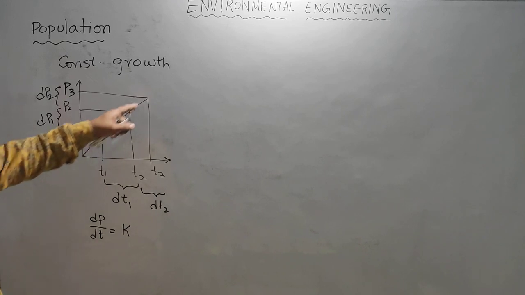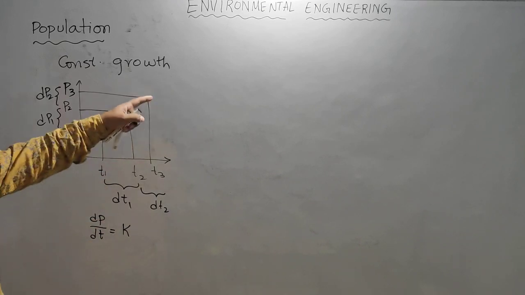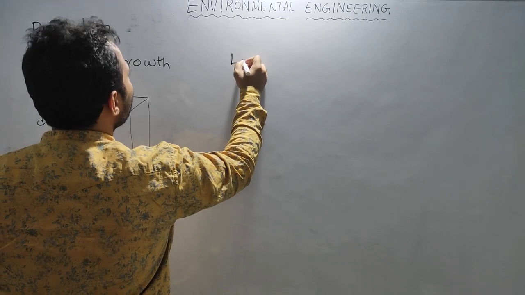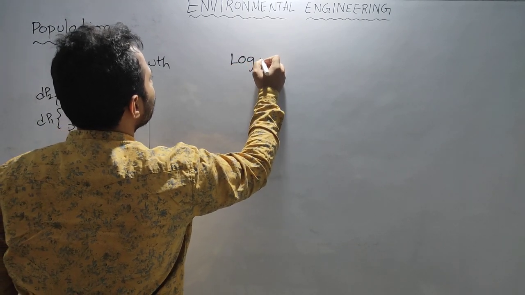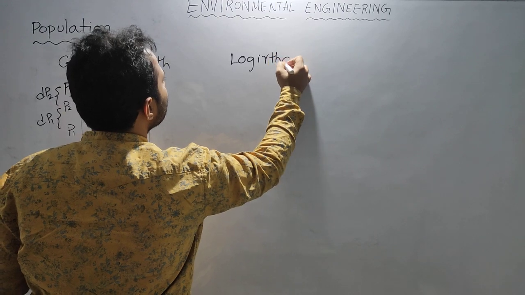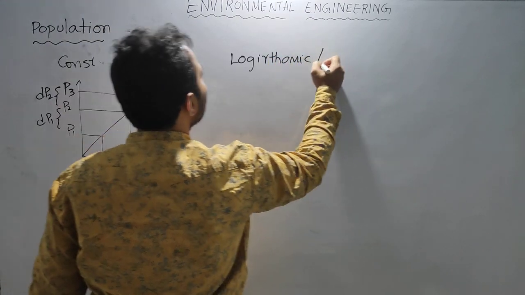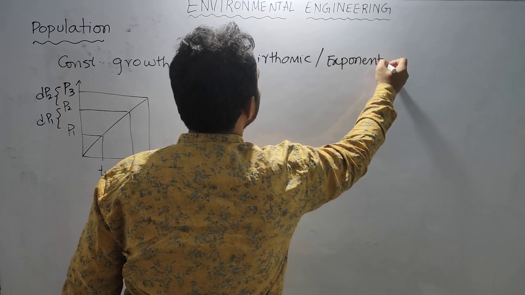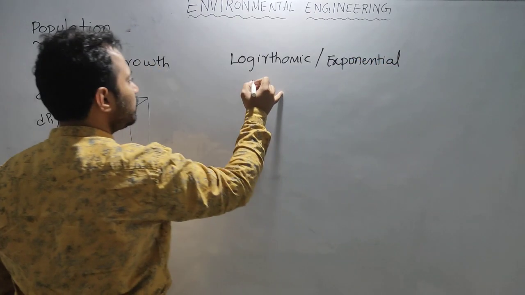But this is only one portion of the graph. Another portion is where there is logarithmic or exponential growth.